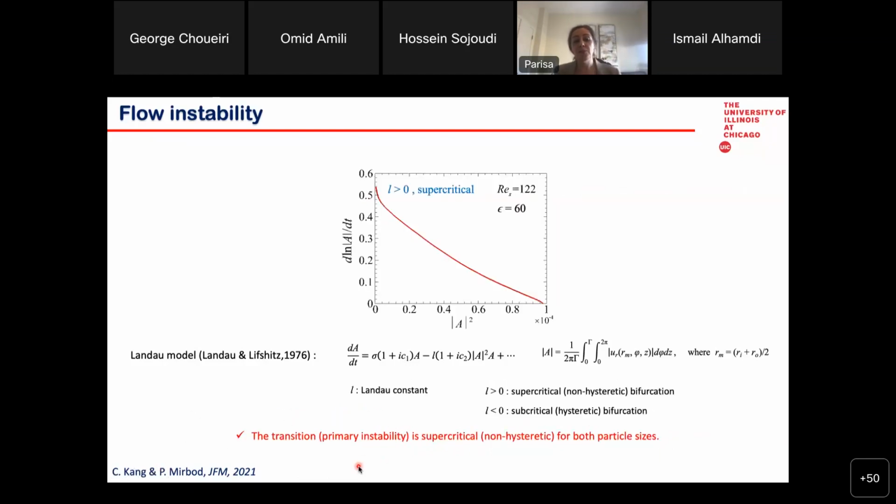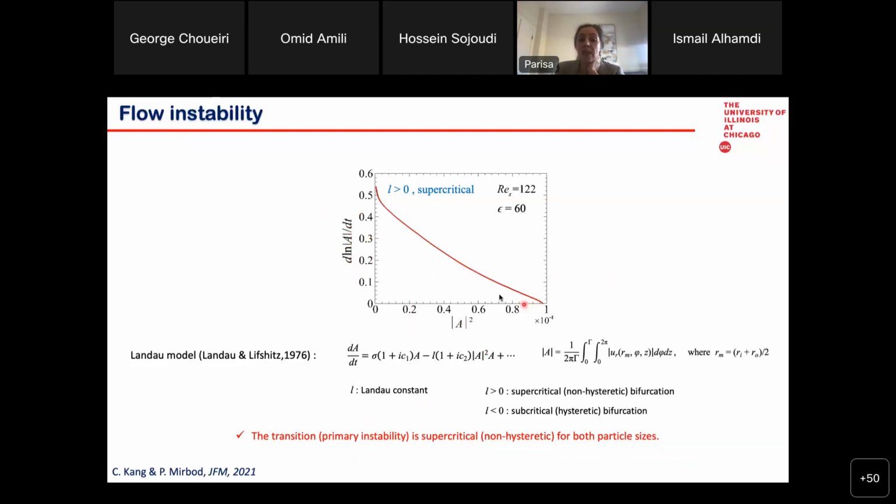We were also interested in using this model to define the nature of the instability. It should be noted that in general, this parameter, d ln of the norm of amplitude over dt, versus the square of the norm of amplitude shows the nature of the flow.